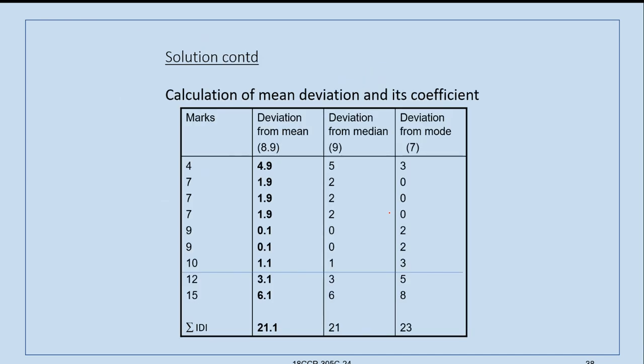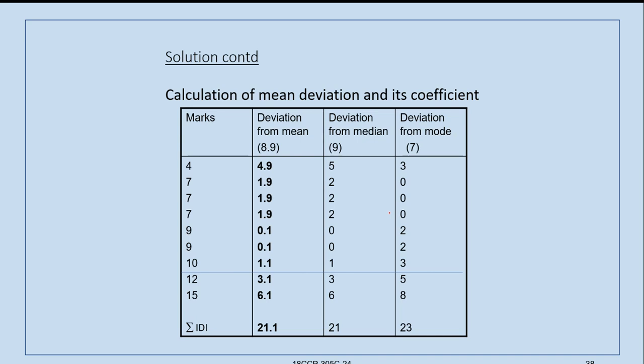So we will calculate here: marks, deviation from mean, deviation from median, deviation from mode. Arithmetic mean x bar is 8.9, median M is 9 and mode Z is 7.